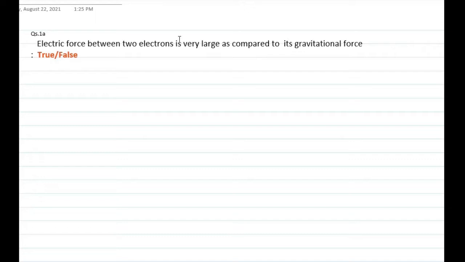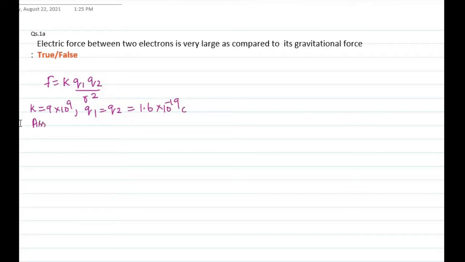We know Coulomb's F is equal to K into Q1 Q2 divided by R square. K is a constant, 9 into 10 to the power of 9, and Q1 and Q2 are the charge of an electron. Both the charges are equal, so it is 1.6 into 10 to the power of minus 19 Coulomb, and assume that the distance is equal to 1 centimeter, which is equal to 1 into 10 to the power of minus 2 meter.